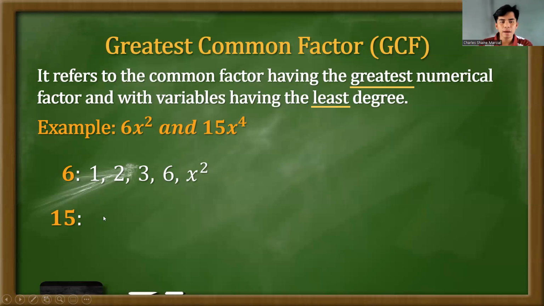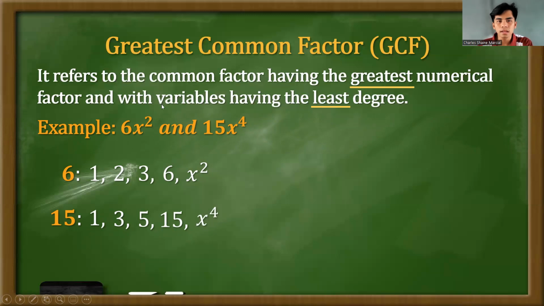And for 15 naman, we have 1, 3, and 5, and also we have to consider the number itself. Ito yung mga numbers na divisible by 15. Alright, now yung x raised to 4 din.